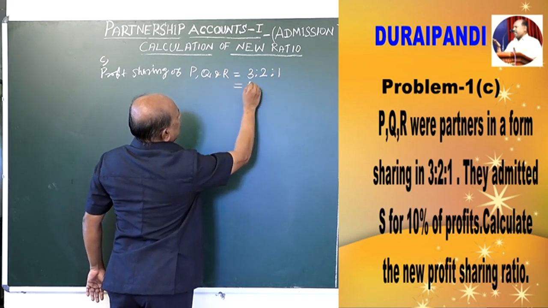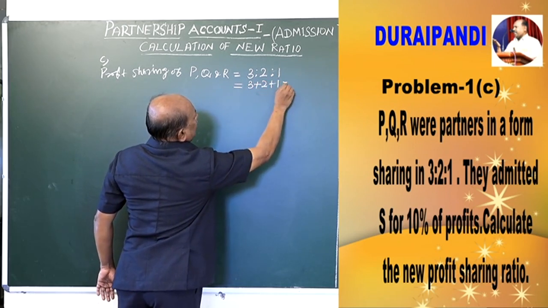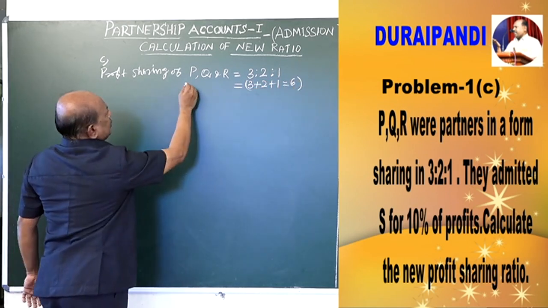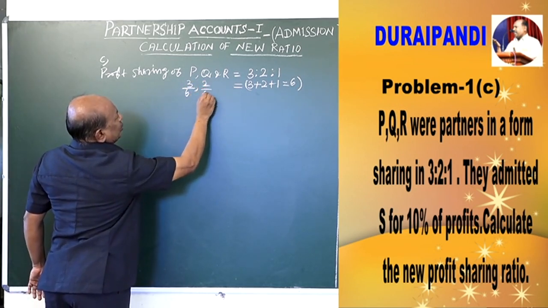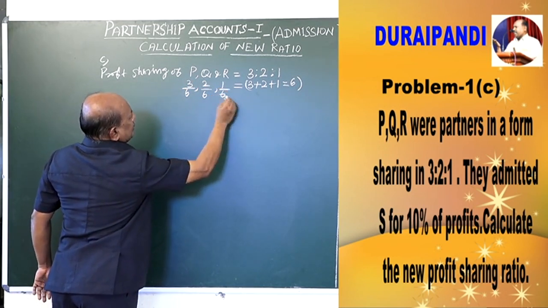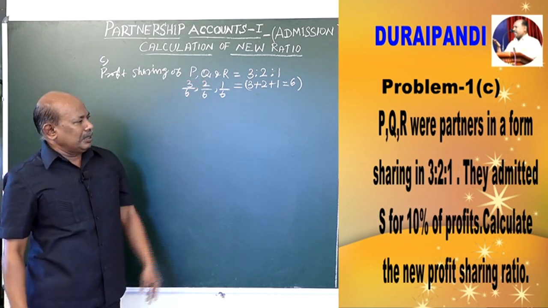That is equal to 3 plus 2 plus 1 equal to 6. Here the ratio was 3/6, 2/6 and 1/6. This is the profit sharing ratio of P, Q and R.